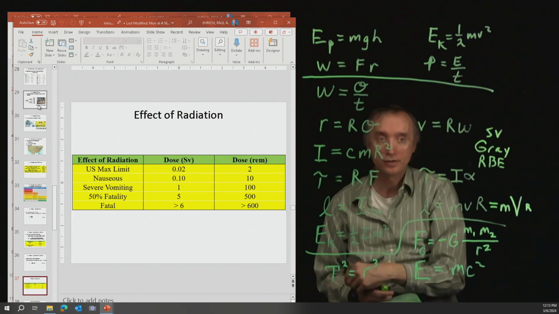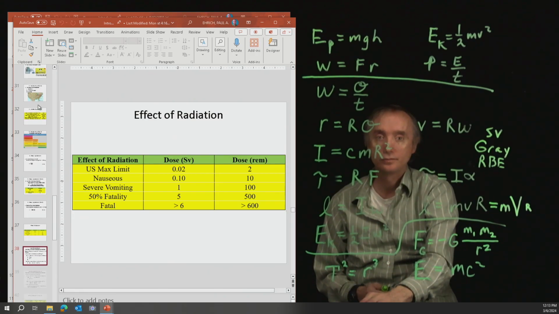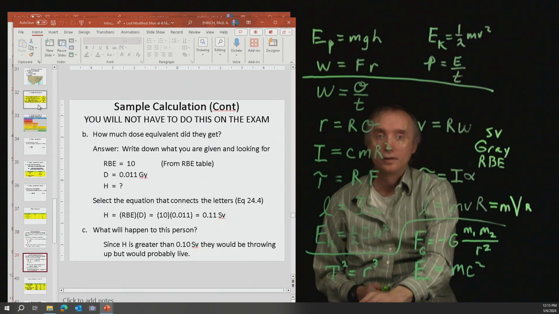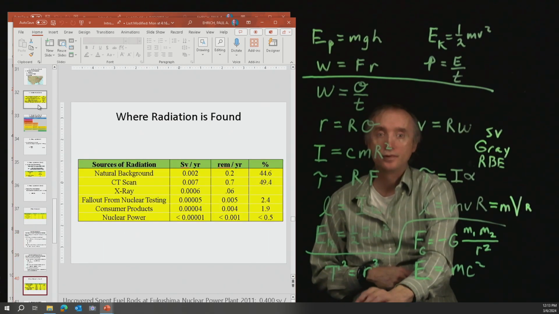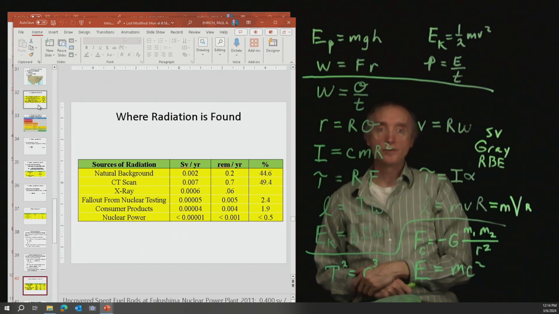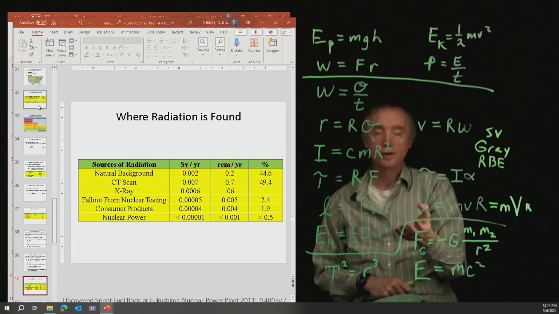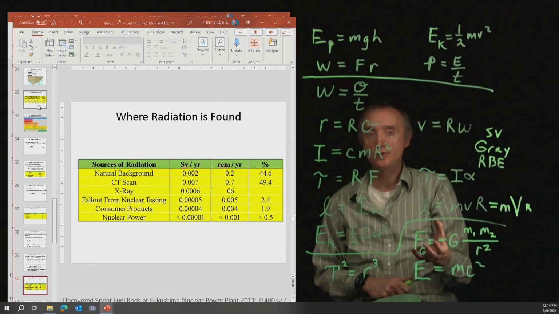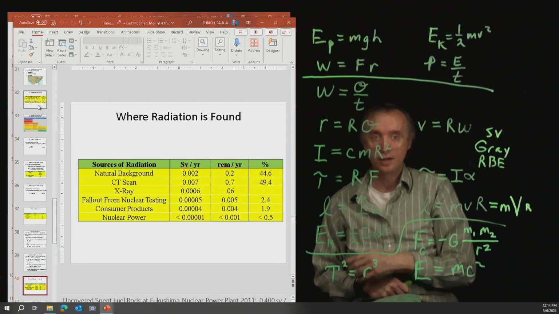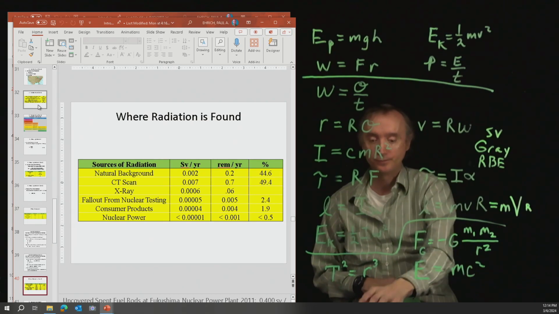And you could look it up on that chart. Okay, so let's not do that. Then if I was to give you a chart like this, I could ask you, where does most of the radiation come from that you receive on Earth? And you can look it up on that chart.